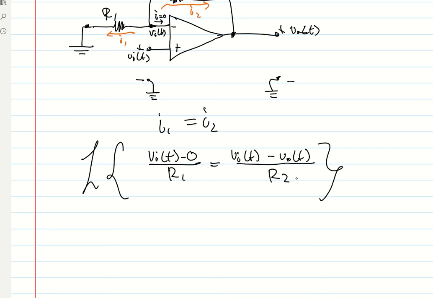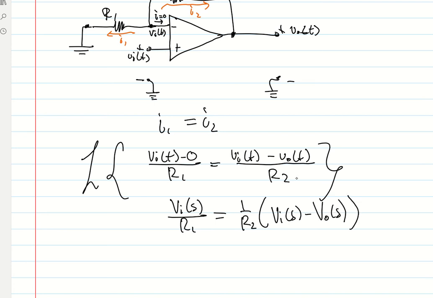So this will be V in the S domain all over R1, and this will be 1 over R2 times V in S minus V out in S domain. Then cross multiply. This will be equal to, or we can move that V input to the other side, so the V out now will be equal to 1 over R1 V in plus 1 over R2.